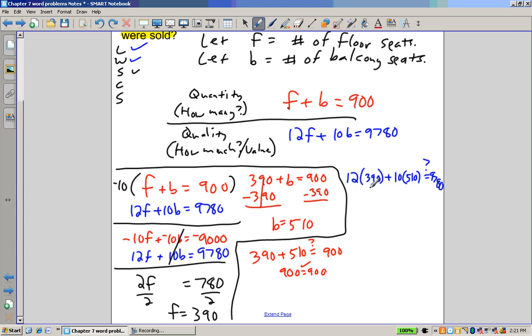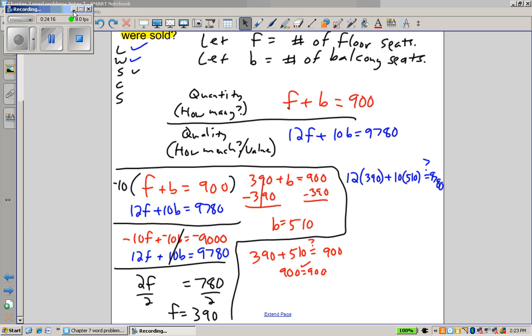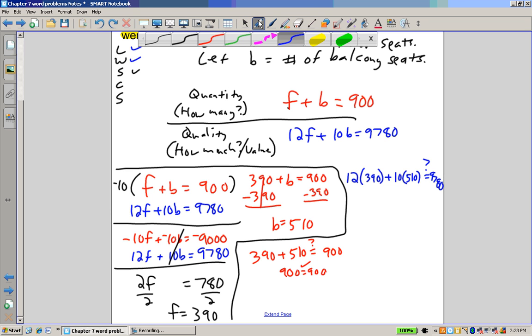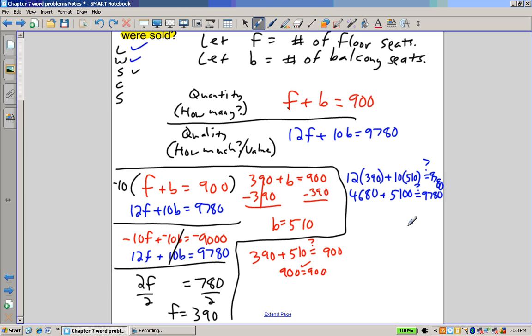Let's see if that works. 12 times 390 is 4,680, plus 10 times 510 is going to be 5,100. And let's see, 6 plus 1 is 7, 5 plus 4 is 9. Yes, that checks out. So both the red and the blue have checked out.